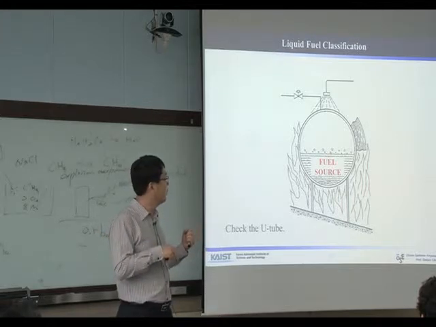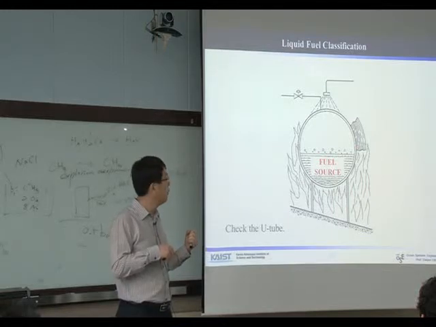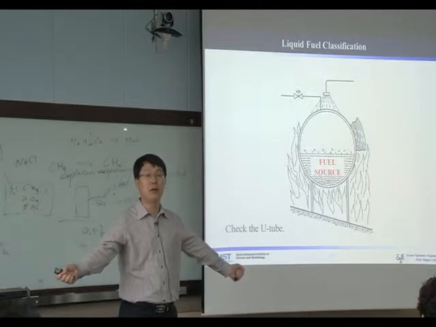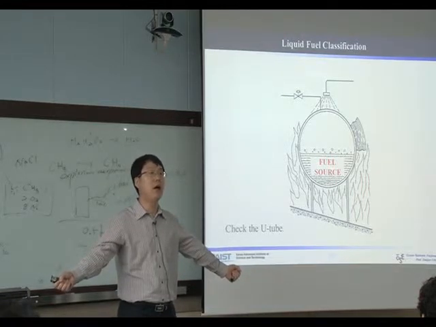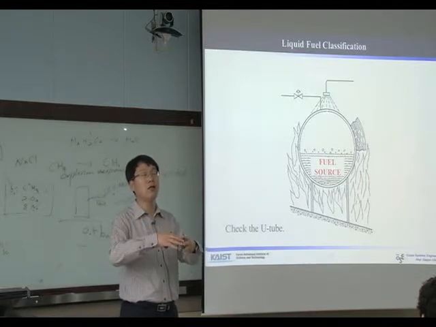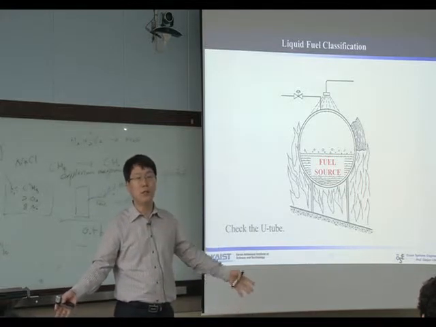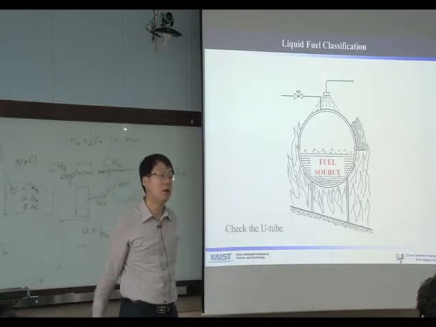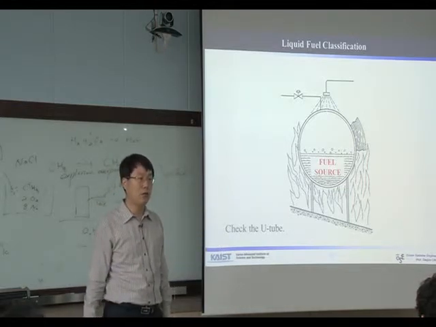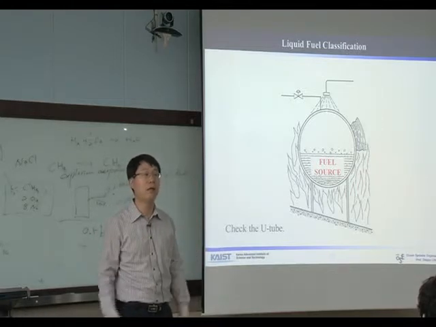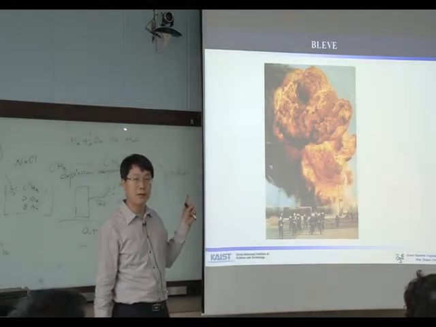Then this liquid at high pressure will release a lot of vapor because it was at high pressure. The tank is ruptured and the pressure is decreased, and it can generate a lot of vapor. The vapor now is ignited and makes a big explosion like this.